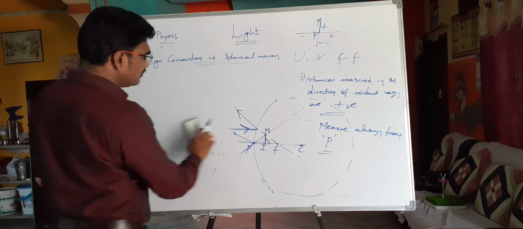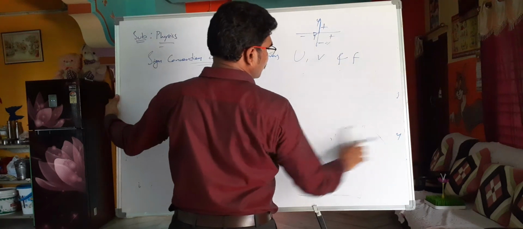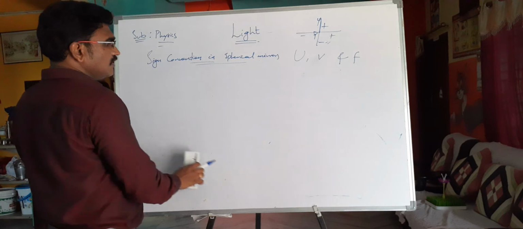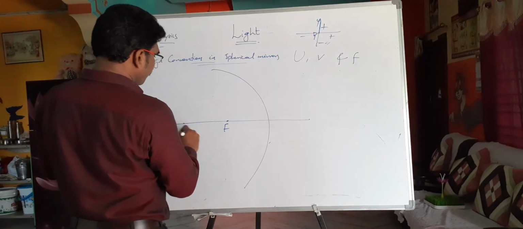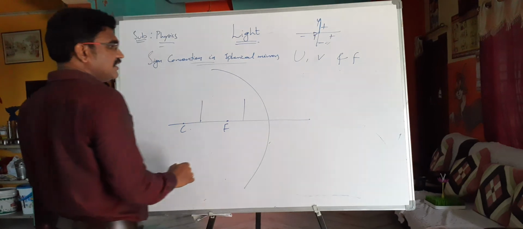What is the relation between U, V and F? I want to give the relation between U, V and F. Why I am telling this relation is because when the object is here you get one image, and when the object is here you get another image.